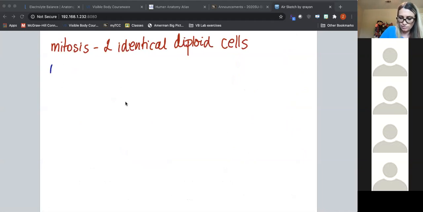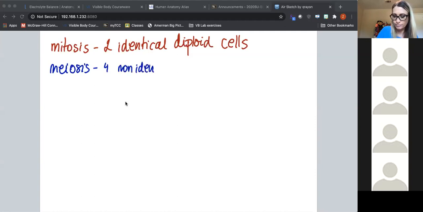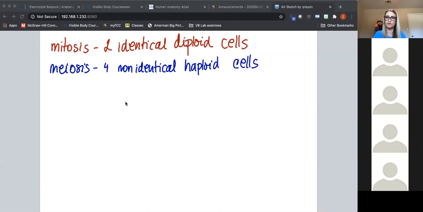Meiosis gives you, and everything except for the word cell is going to be different in this. Doesn't give you 2, but it gives you 4. Doesn't give you identical, it gives you non-identical. Doesn't give you diploid, but haploid. And then the word cells remains, okay?